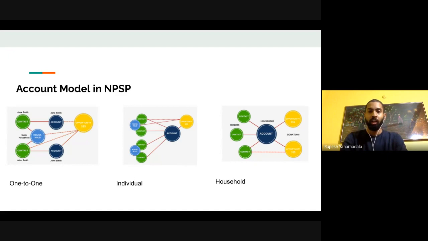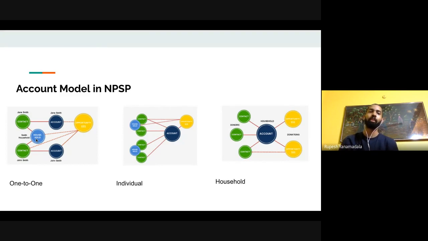See, if someone is making a donation from my family, it comes under my family name, right? Household is a family name. So if in the one-to-one I make a donation, this opportunity will be related to this account, which in turn is related to the contact, but not related to the household.